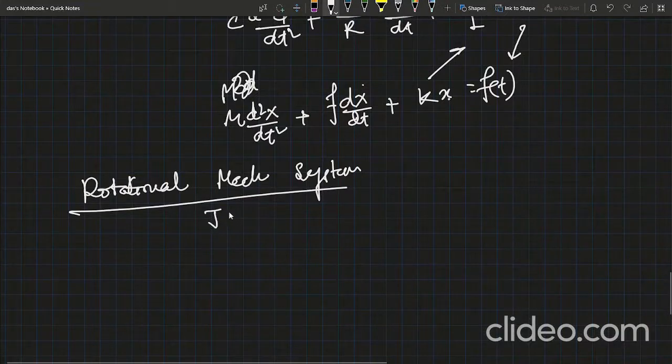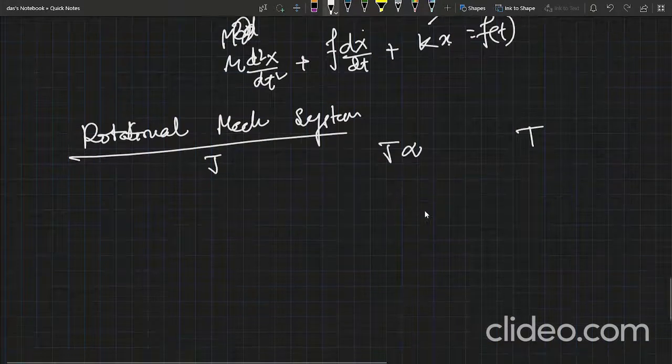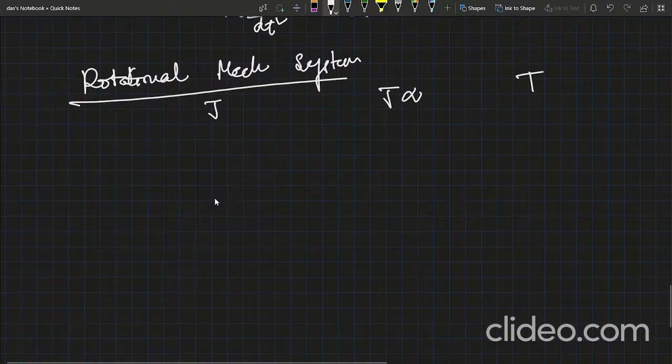So consider J. Okay, the inertia torque developed in the system equals J into alpha, where alpha is the angular acceleration produced due to the applied torque capital T, and viscous damping is offered by the damper, and the damping torque varies in direct proportion to the angular velocity of the shaft, and the coefficient of viscous damping is small f.